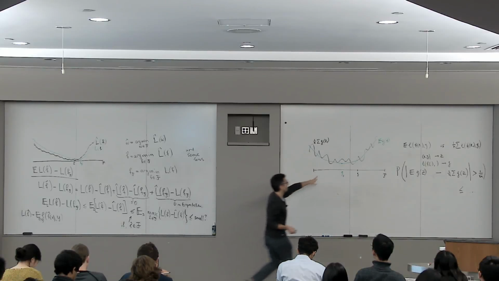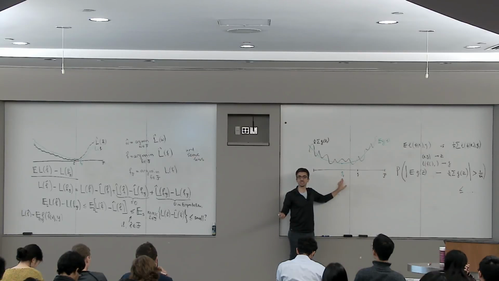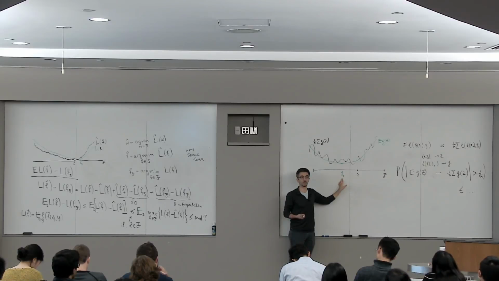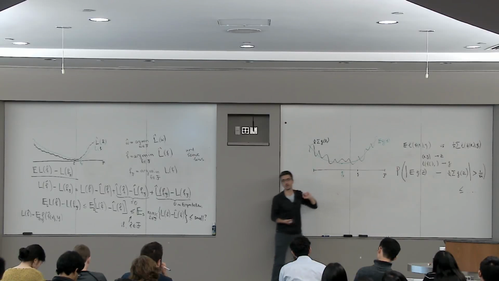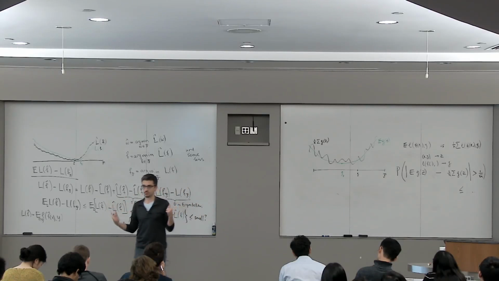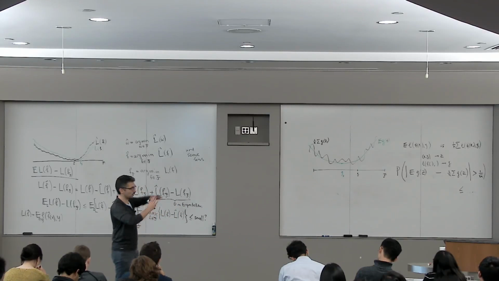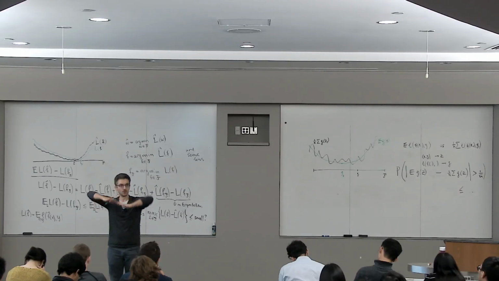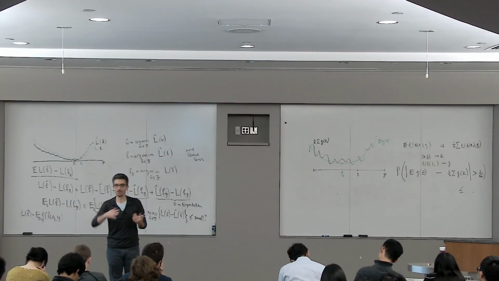The minimizer stays put. This really only depends on the underlying population distribution P. But the black curve is a sample-dependent process, and it really changes. Think of this as a kind of waves changing as you change the data set. It's a random curve.